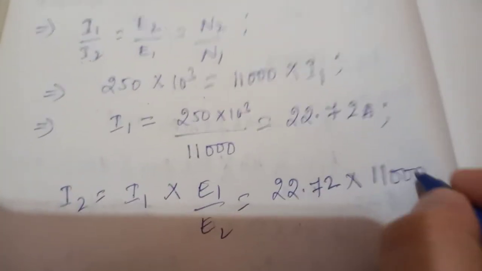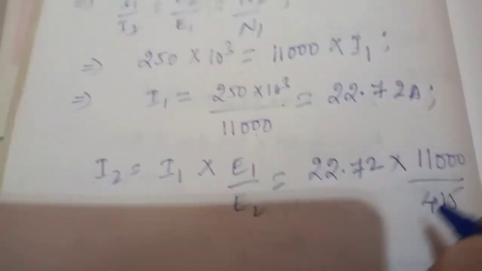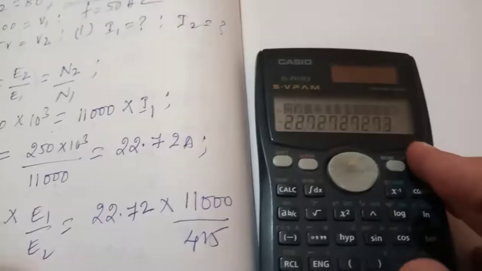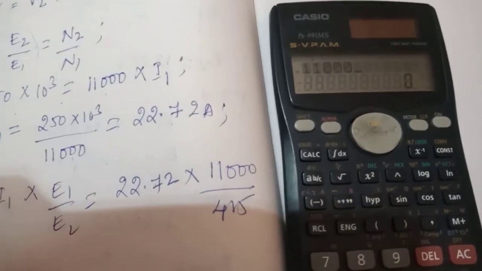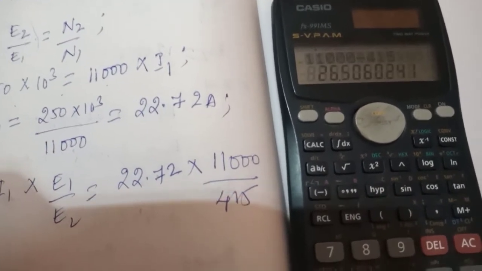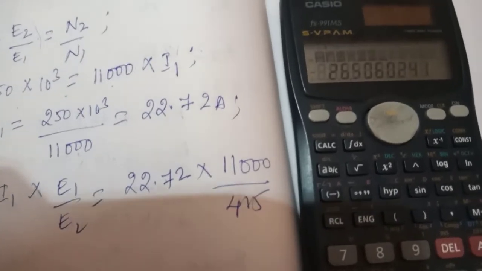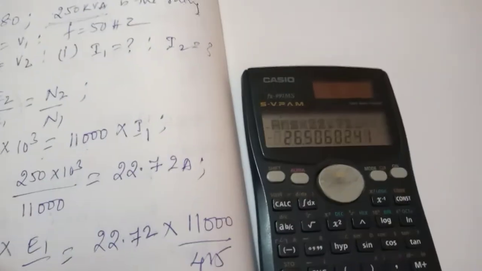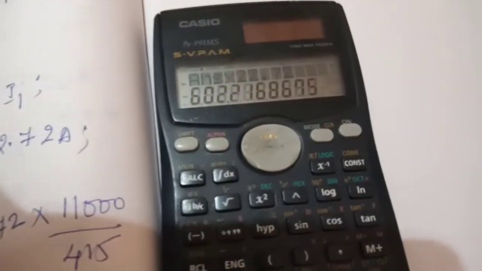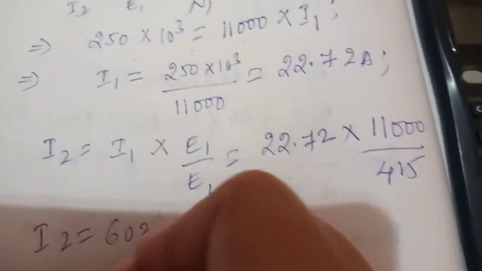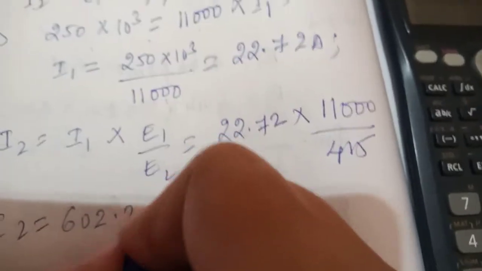I2 is equal to 11,000 divided by 415 into 22.72. It will come around 602.21 amperes.